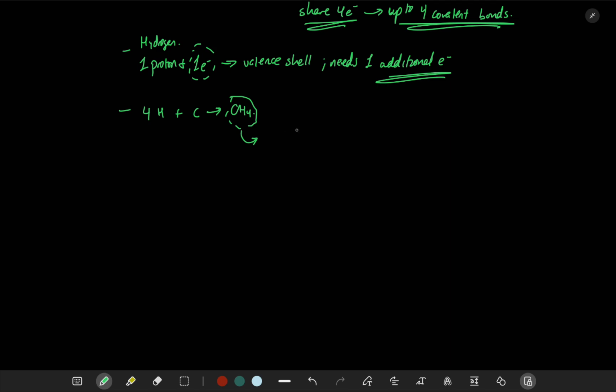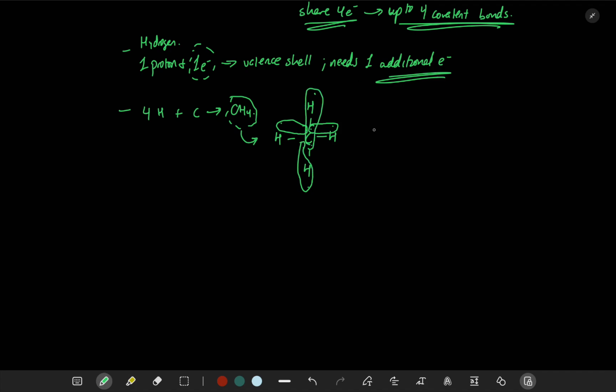So in this case, let's draw this again. Where hydrogen has 1, hydrogen has 1, hydrogen has 1, hydrogen has 1, and this guy has 1, 2, 3, 4, right? This is not a good way of representing this, but this is just for demonstrational purposes. So here, one of these electrons can be shared with hydrogen, one of these can be shared here, and then you have one of these here, and one of these here, right?